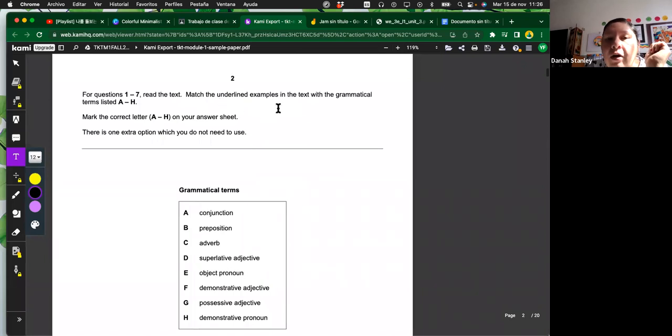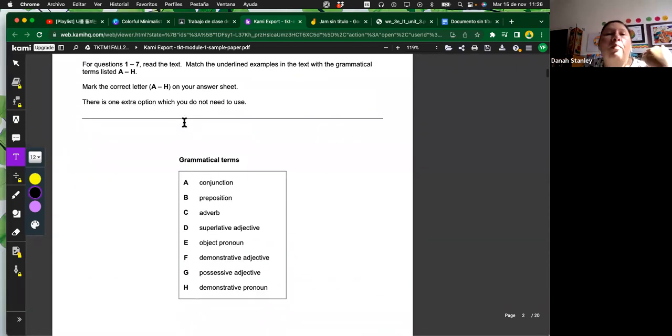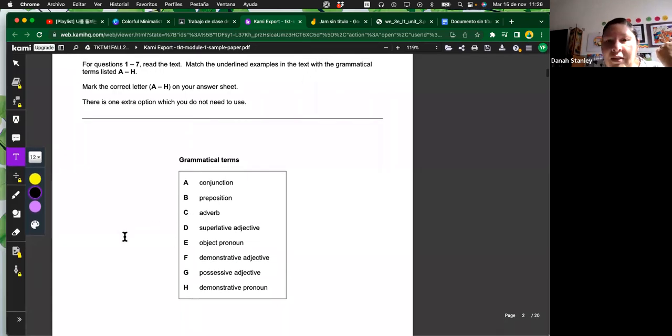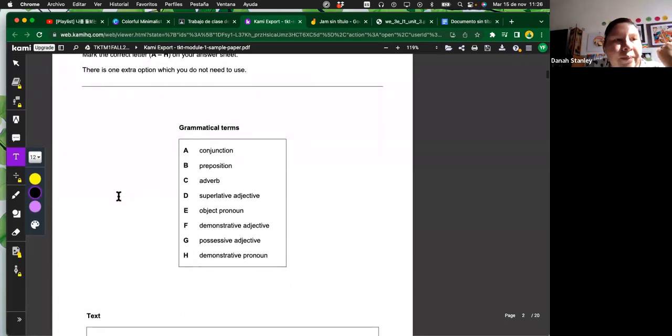Dice, match the underlined examples in the text with the grammatical terms listed A to H. Remember in module 1, we saw these elements of grammar, okay?